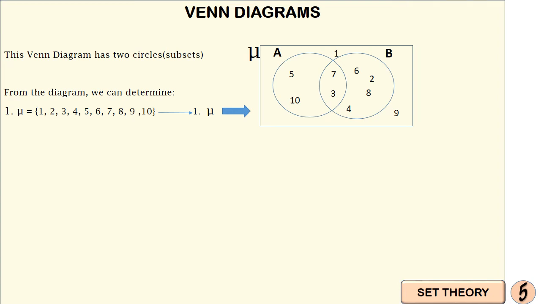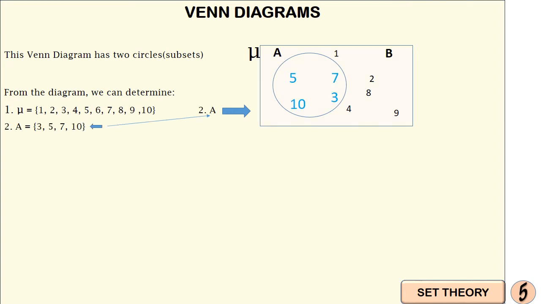From the diagram, we can clearly see that every element is found in the rectangle. Therefore, the elements in the universal set will be 1, 2, 3, 4, up to 10. But for elements in A, we are going to focus on the numbers written with blue ink because they are found inside the circle that represents A. We have taken away the set B for the purpose of making this very clear.